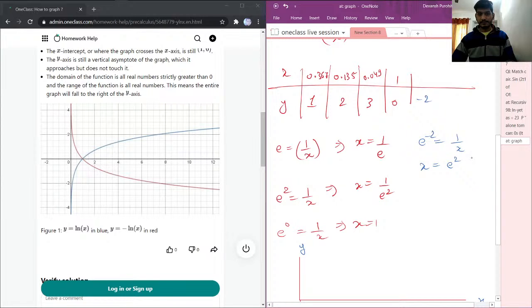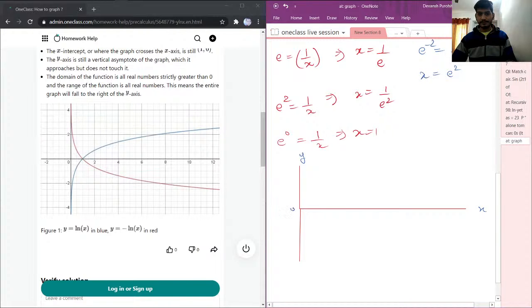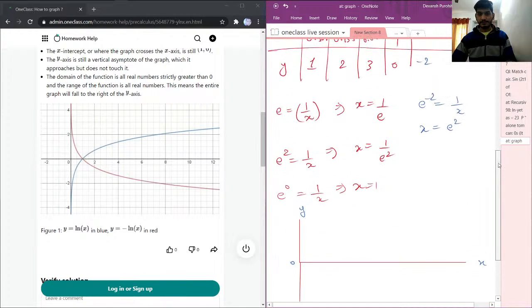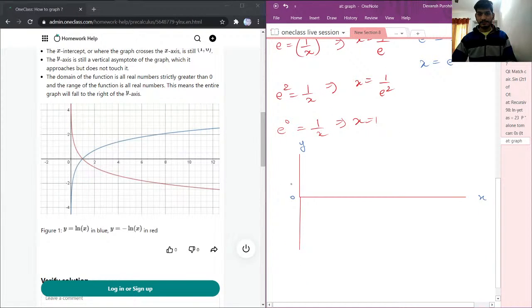When y is negative, x is going to be... first I'll just draw with 0 only because I'm not sure about the values here. So for y we have 0, 1, 2, 3.